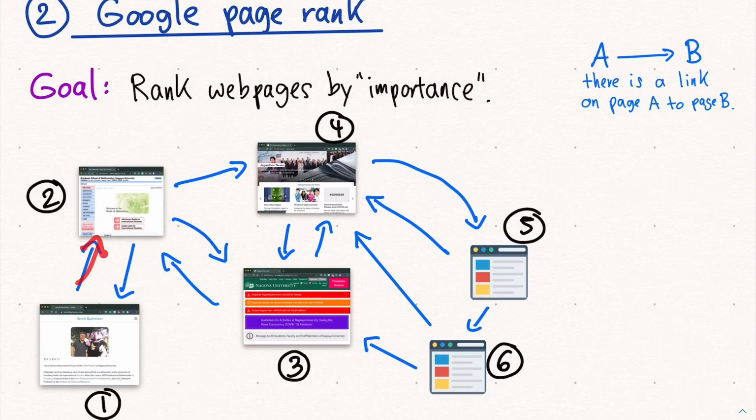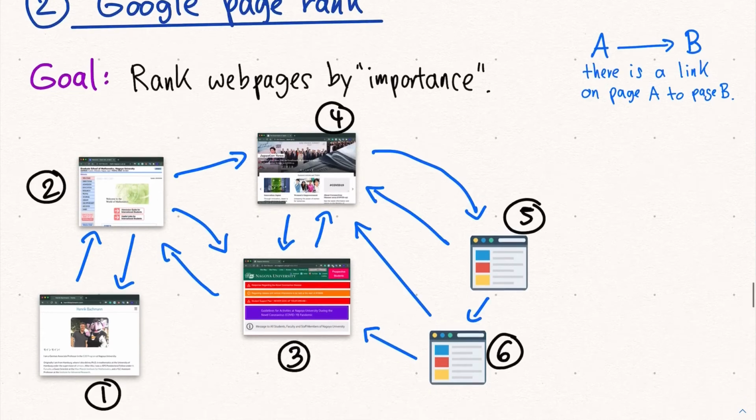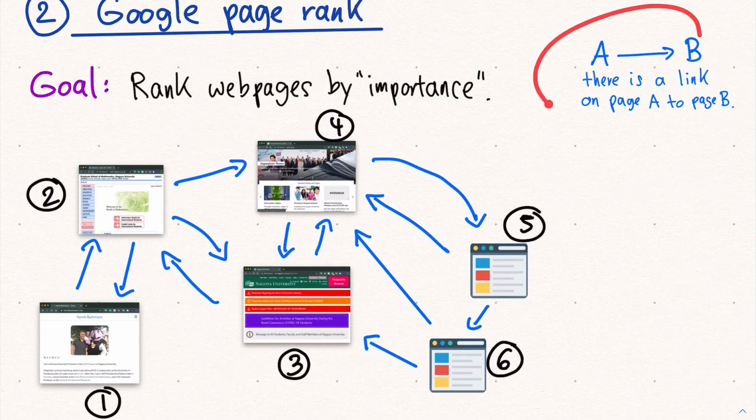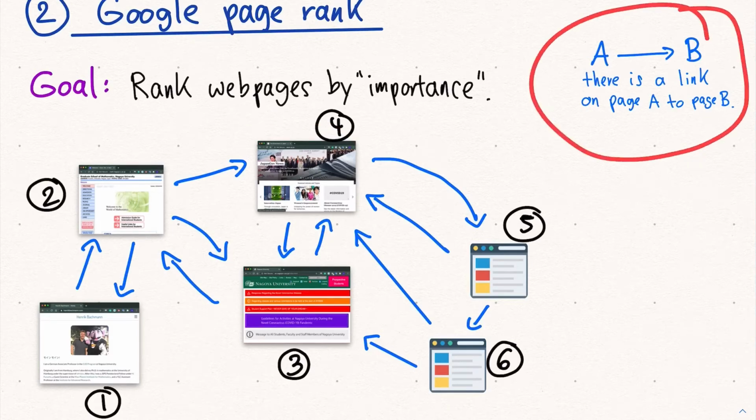I also have a link to the math department, and I'm listed there as a faculty, so there's also a link to my page. Now we want to decide, based on these links, which of these pages is the most important. If I search for Nagoya now, each of these pages has the word Nagoya inside, but I should maybe put the Japanese government on top of this list.